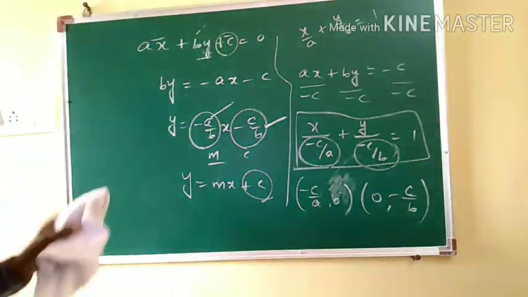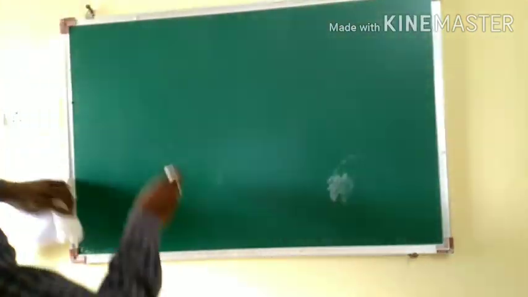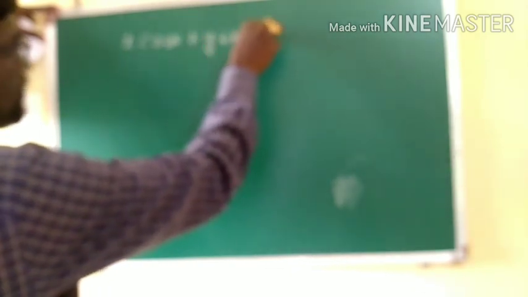Similarly, how will you convert this into normal form? Normal form, in the sense, just now we have discussed that x cos alpha plus y sin alpha is equal to p. Therefore, the line equation is something like ax plus by plus c is equal to 0.